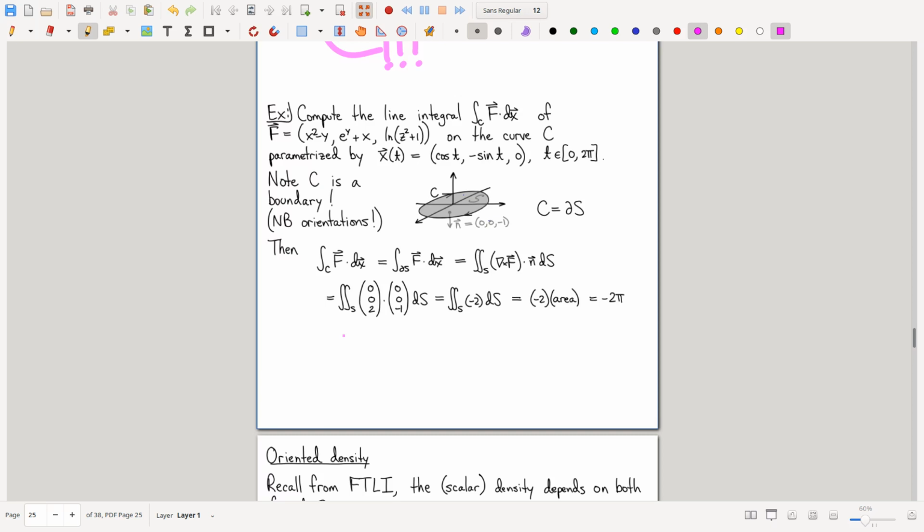And it's a coin flip as to whether you parameterize the wrong way or the right way. So you just have to make sure that you parameterize downward. And if you inadvertently parameterize upward, which the graph parameterization would give you in this case, then you got to throw in that extra minus sign. But yeah, you could do that. I'm just trying to encourage you to look for opportunities to avoid that extra effort.